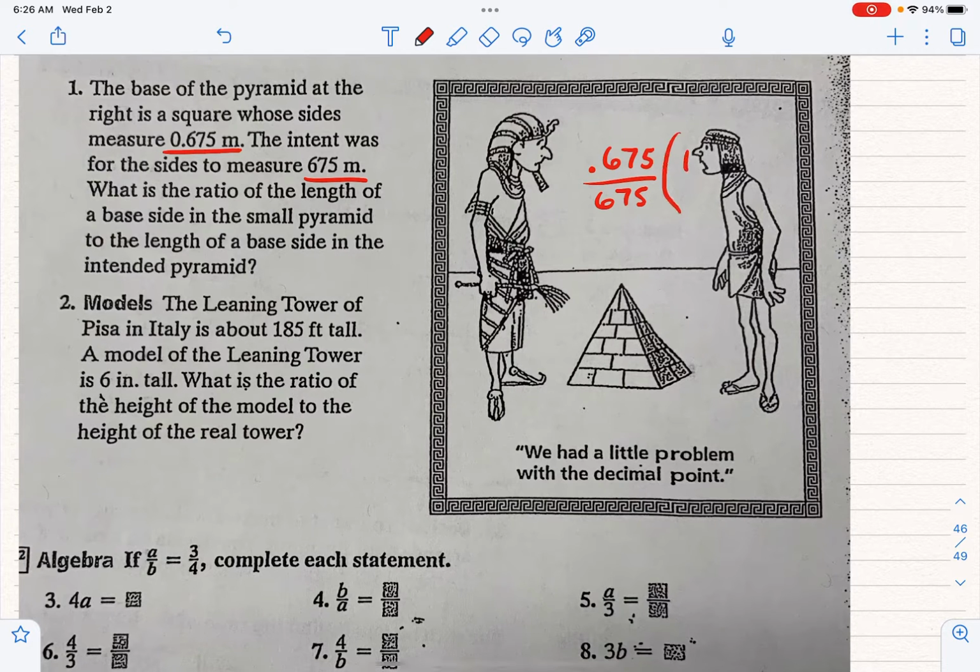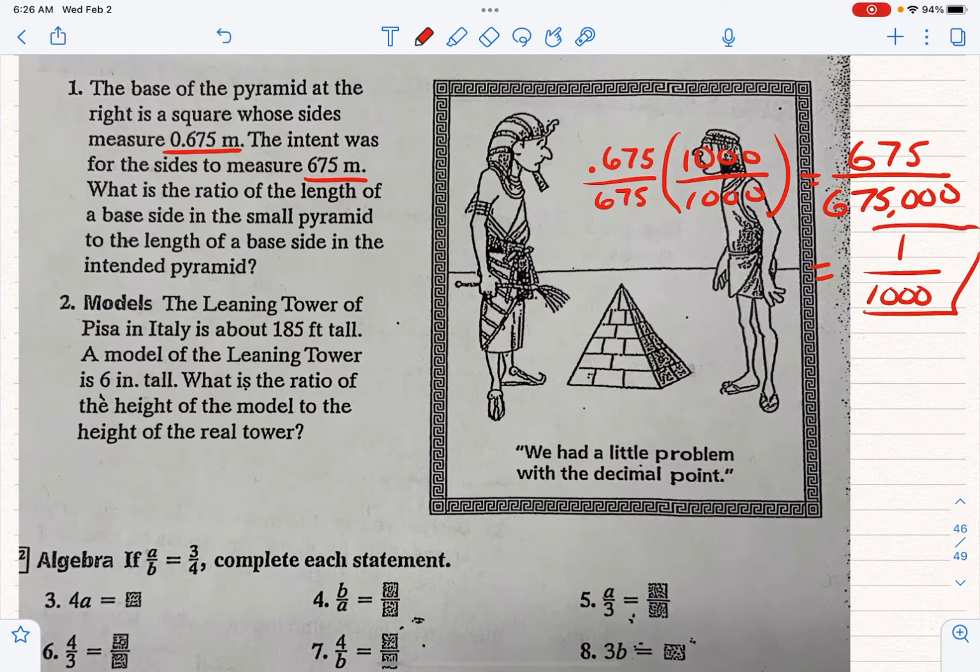So what I would do is I'd multiply the top and bottom by 1,000, which would give me 675 over 675,000. And if you're unsure how to reduce that, you can see that 675 goes into the top and bottom. It goes in the top once, goes in the bottom 1,000 times. So that is the simplified ratio. The ratio of the small one to the big one is 1 to 1,000. It's a 1,000th scale.